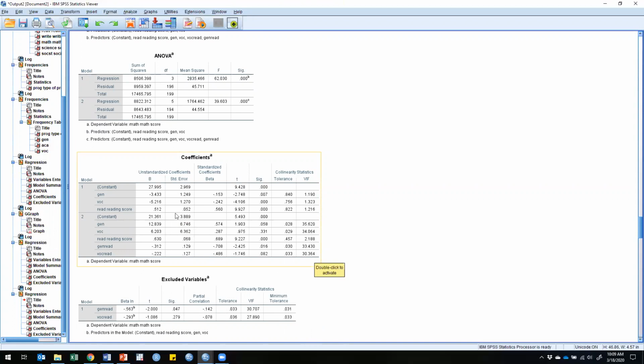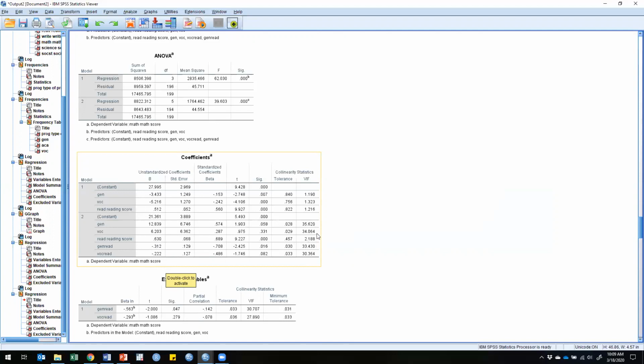Look how inflated the standard errors are for our main effects. Our coefficient estimates should be estimated without bias, but these standard errors will be inflated. But our simple effect here seems to be okay in this case.